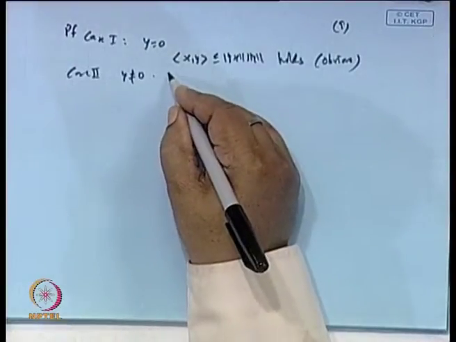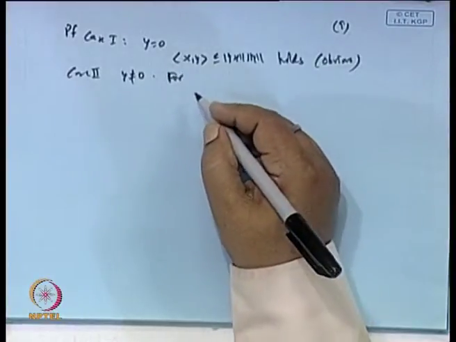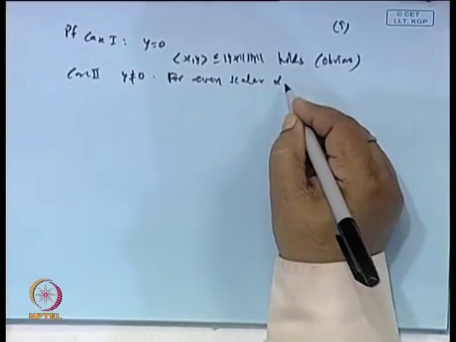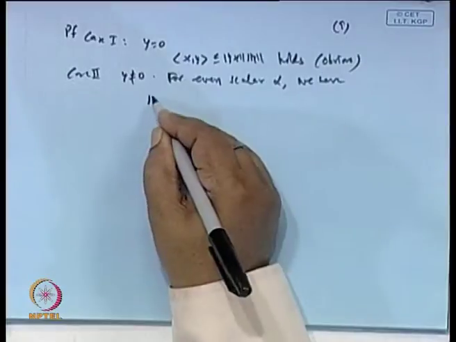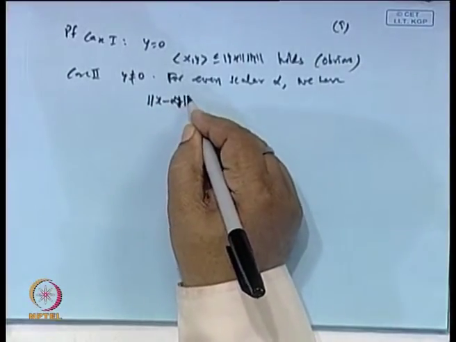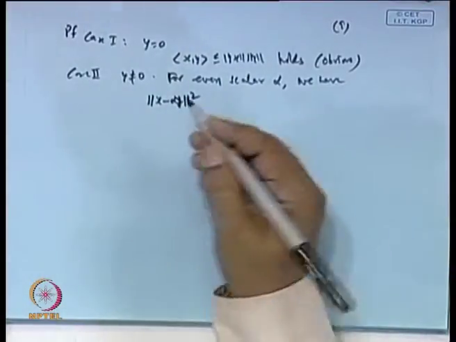So, if y is not equal to 0, then let us consider for every scalar alpha, norm of x minus alpha y whole square.